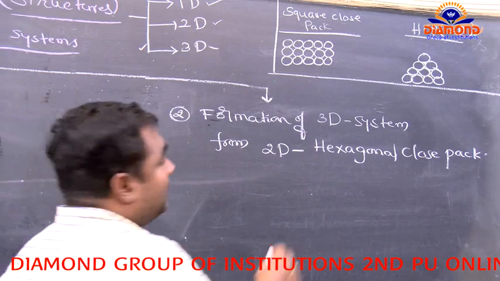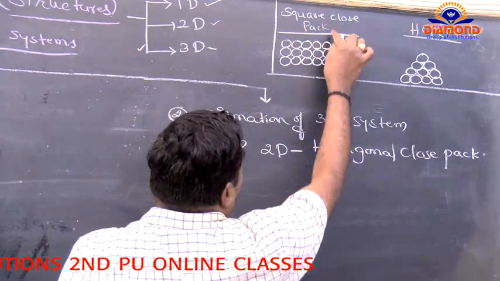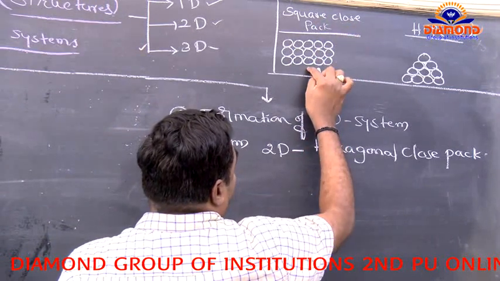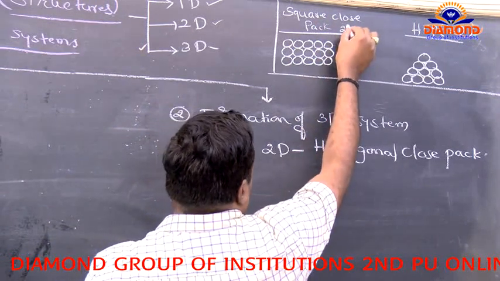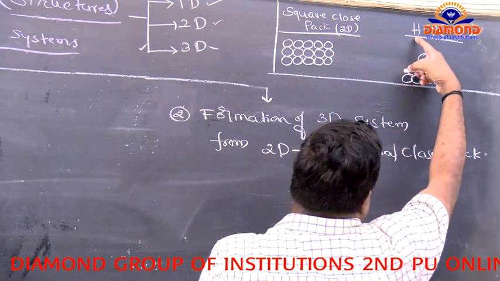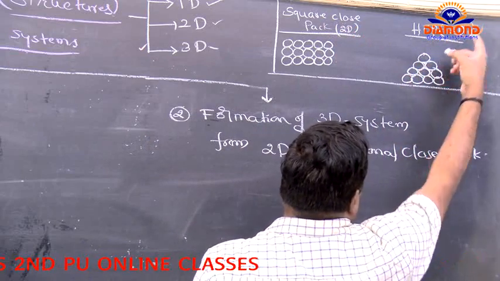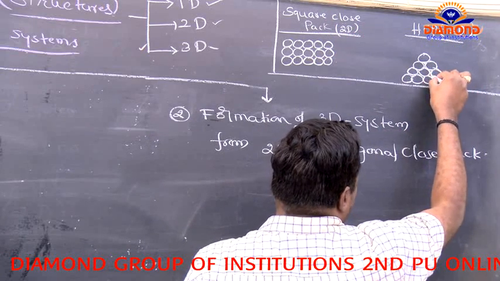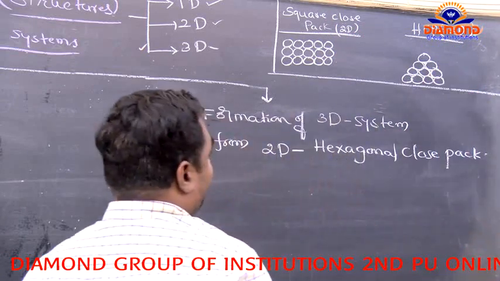Now see here the square close pack arrangement in 2D, and the hexagonal close pack arrangement in 2D belongs here. Already discussed in the previous class.